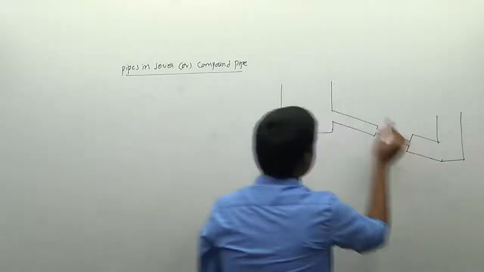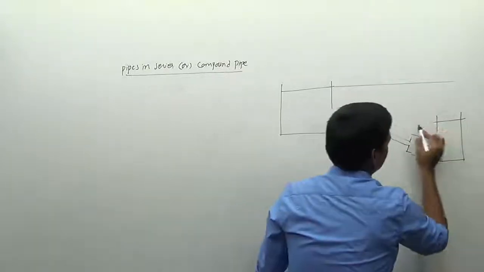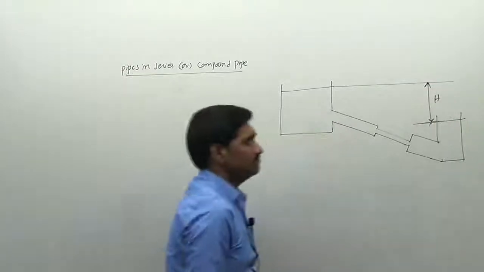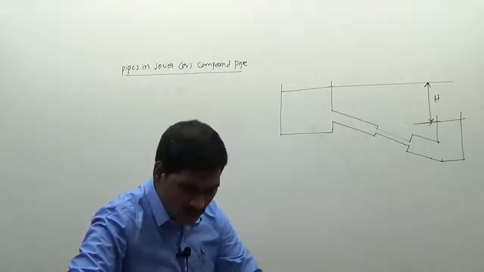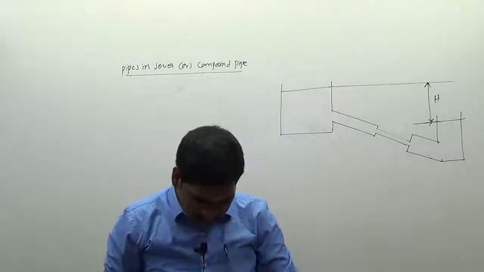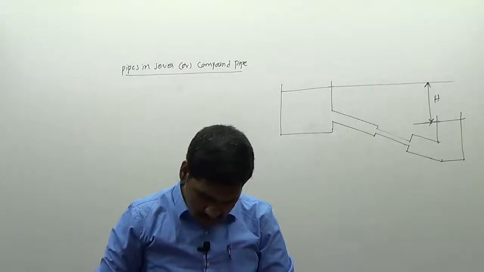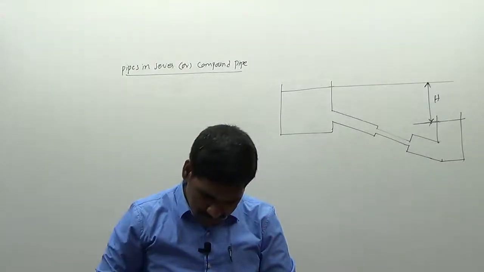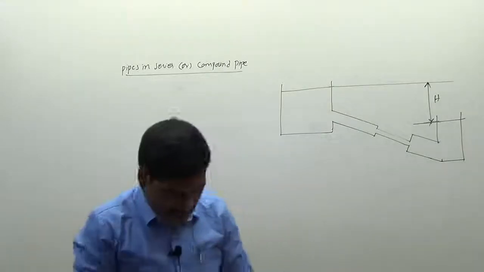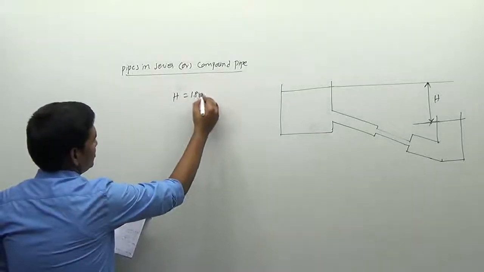Okay, it's a pipeline. The difference between the levels of the reservoirs, I can take this as H, and the difference between the surface levels is given as 80 meters.